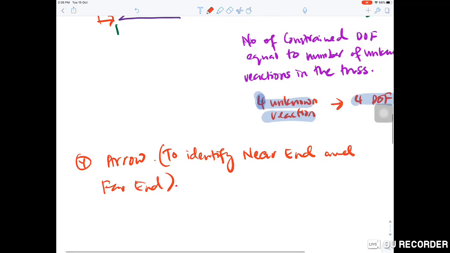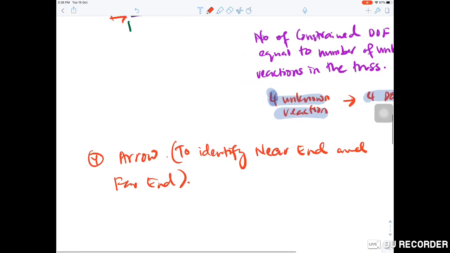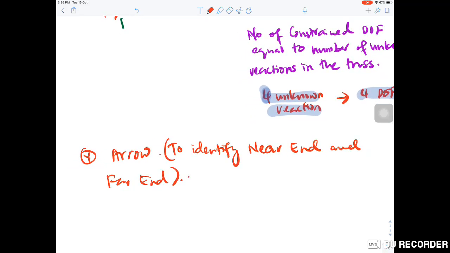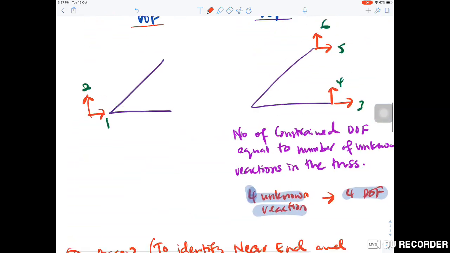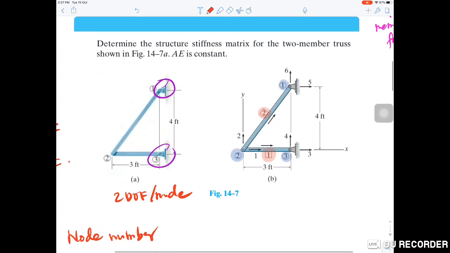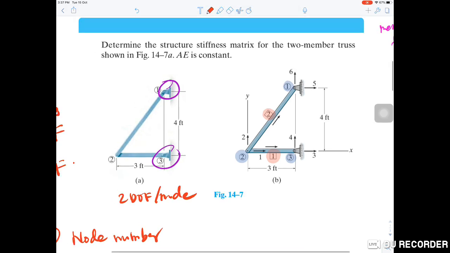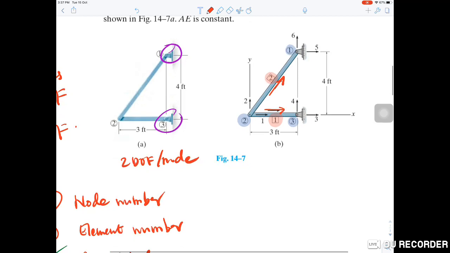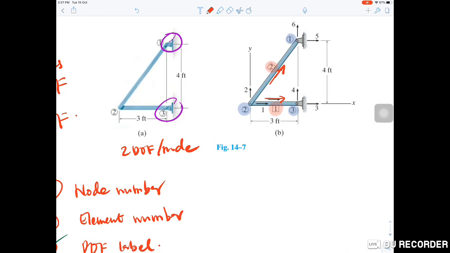That is the purpose of putting the arrow, and we can put the arrow in any direction that we like, it doesn't matter. Like we can see here, the direction is this. For element number 1, this is the arrow. Element number 2, this is the arrow. And the arrow is parallel to the member.